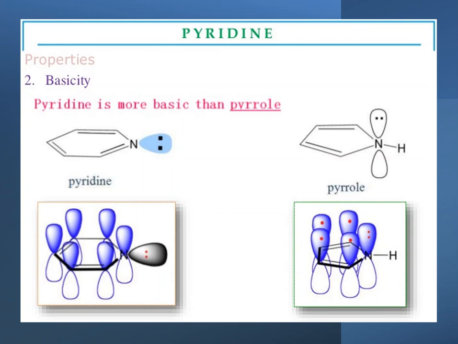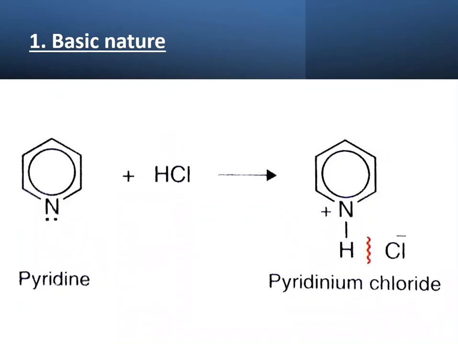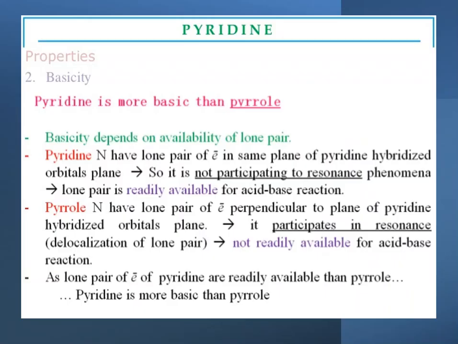That's why it is weakly basic compared to your pyridine. Okay, this is about the basicity of pyridine. So it reacts with your HCl to form pyridinium hydrochloride. Because the lone pair of electrons will be given, and it forms a pyridinium hydrochloride salt.